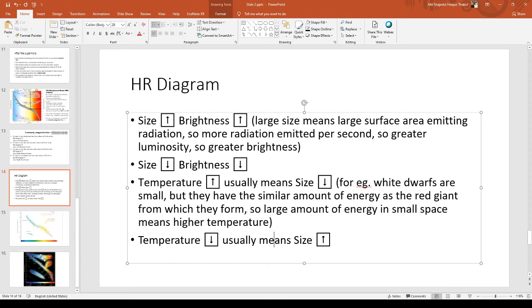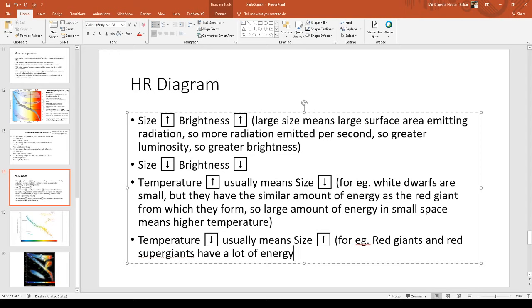Alright, what about the opposite case? Why does low temperature usually mean large size? Well, for example, red giants and red supergiants have an enormous amount of energy, right?